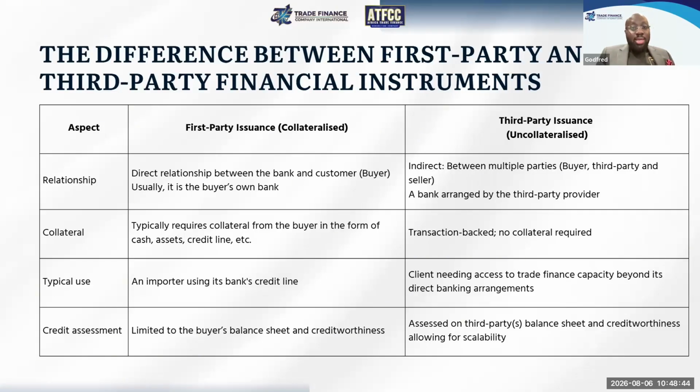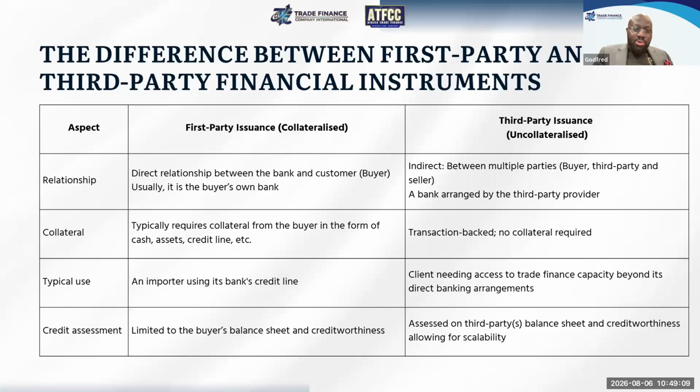The first party typically requires collateral from the buyer. It could be in the form of cash, assets, credit line, etc. Under a third party, it's more transaction backed and there's no collateral involved. Normally, the goods being traded act as collateral for the transaction.